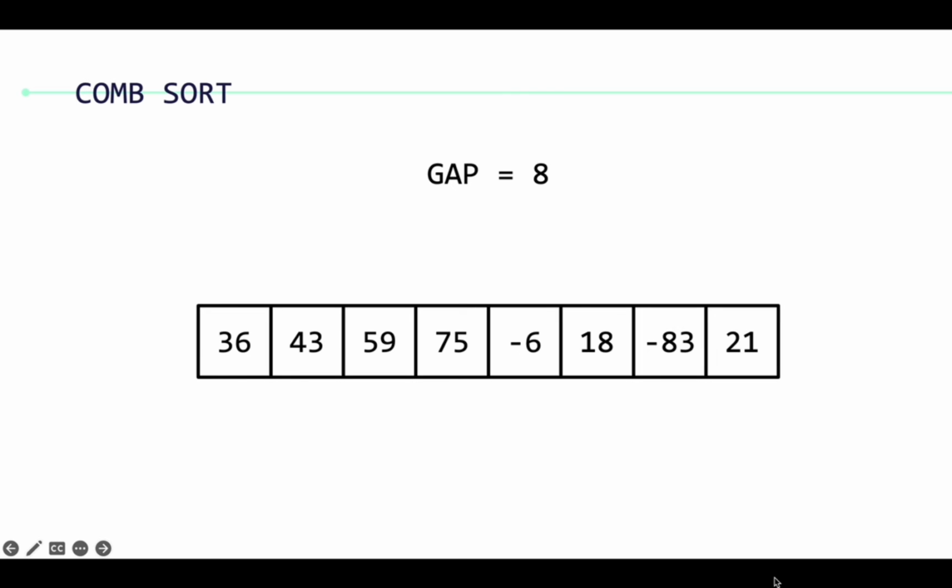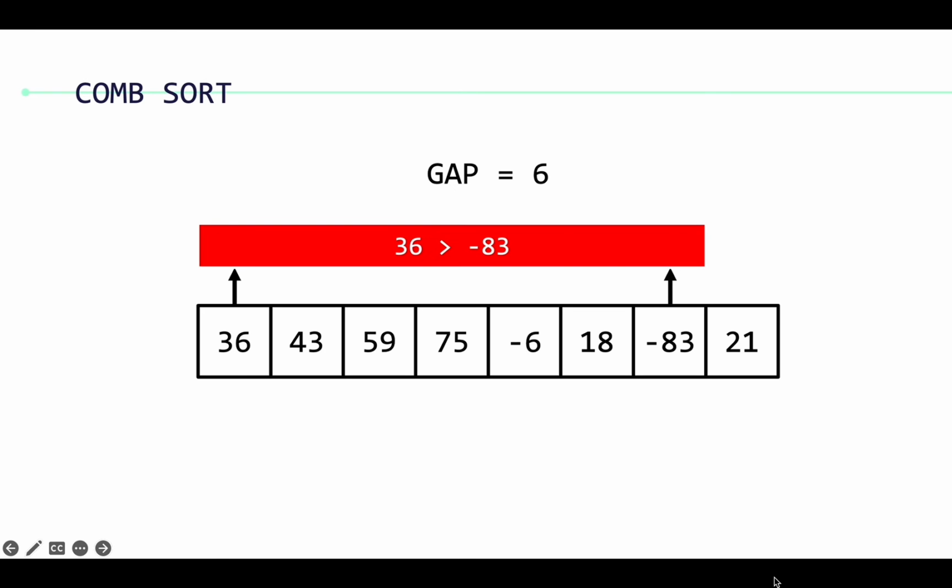At first, we will initialize the gap to be the length of the array. In this case, it is 8. And we shrink the gap by a factor of 1.3, which now makes it 6. And then we start doing the first pass through the array, comparing elements 6 cells apart. Comparing 36 and negative 83, you can see that they are in the wrong order, so we will swap them.